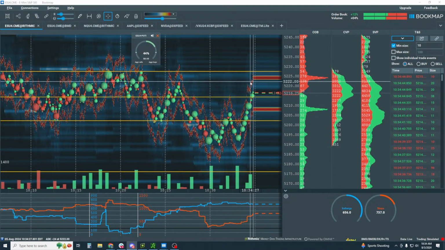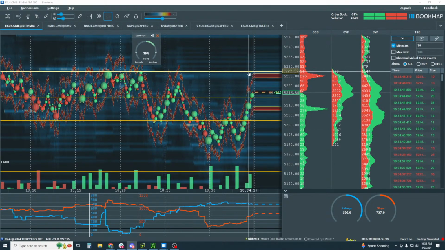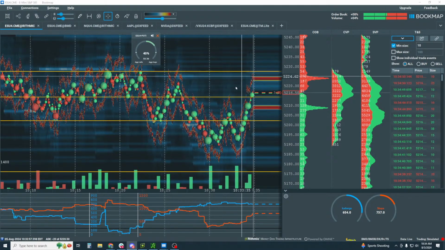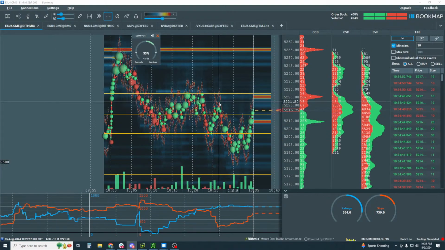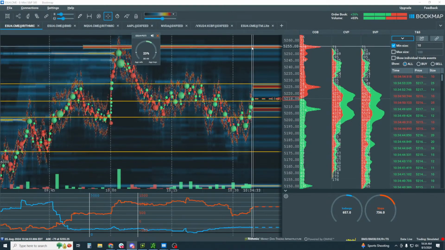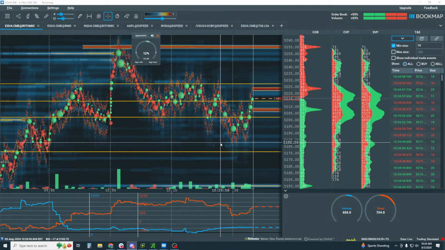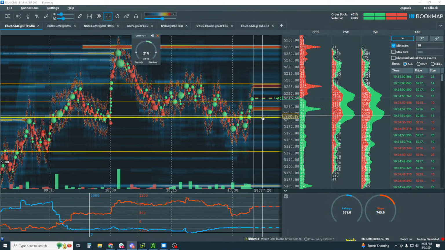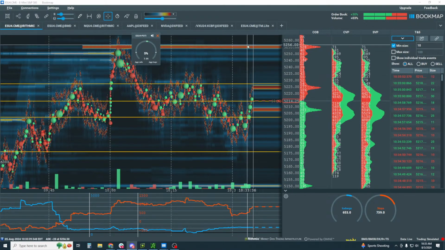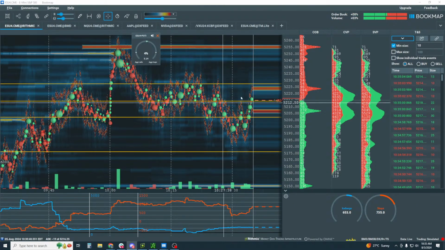So I'm just looking for the move back up. Let's go back up to this 27 level up here, and maybe we get a nice squeeze up above that and hit 55 or 50 up here, the figure. So that'll be basically a 50-point move up here.